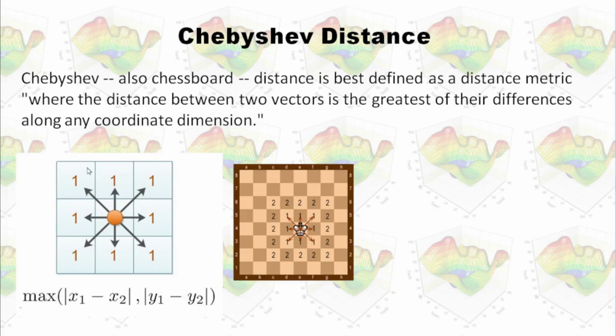Then the Chebyshev distance can be calculated with this formula. Think about this chessboard. The distance between this queen and those positions is 1, and next round will be 2.